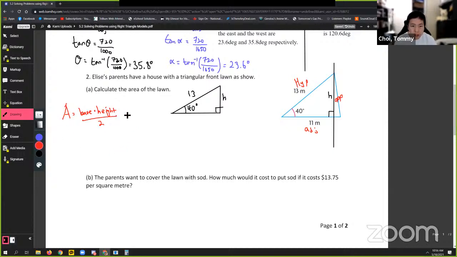Okay. So that should give you a hint. Solve for height, and then plug in to your formula to solve for the area. Then once you have that, you can solve question B. So that's my starting point for you for this question here.